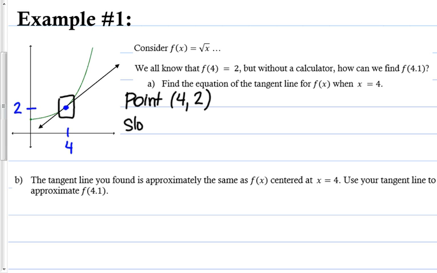My slope, we find that by deriving, right? So my slope, it's going to take me to derive the square root of x. Let me write it down just in case.